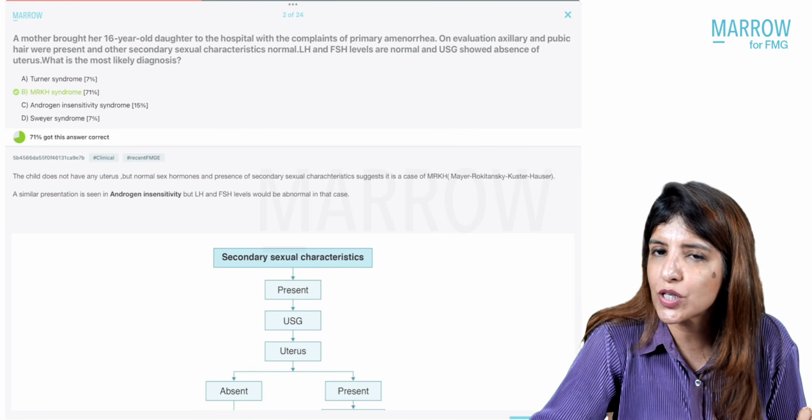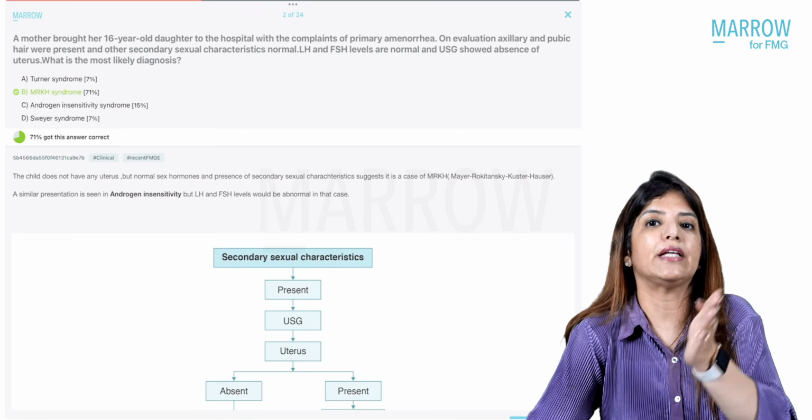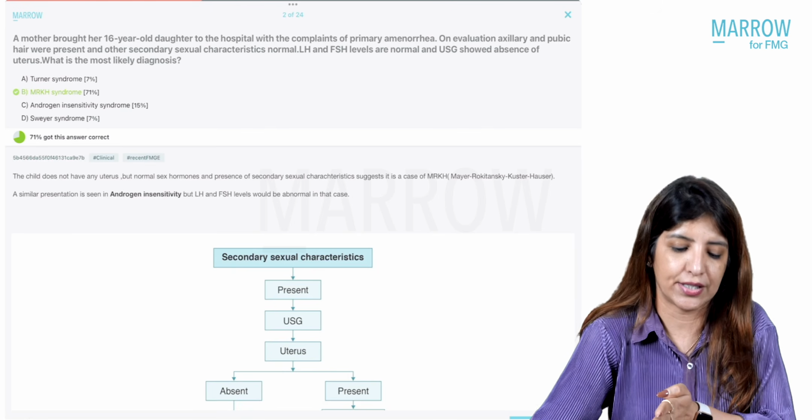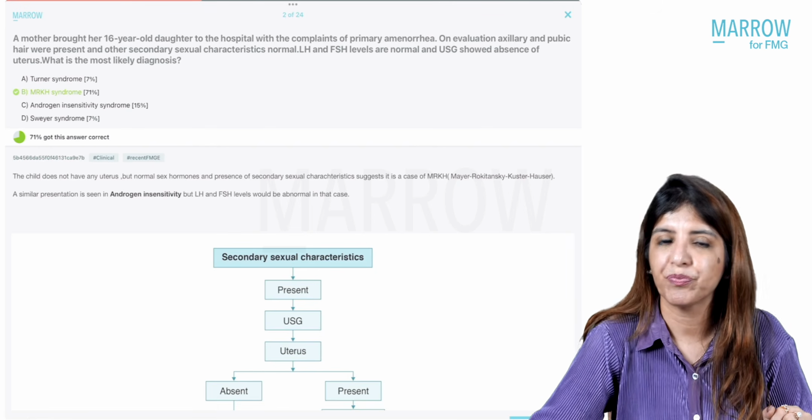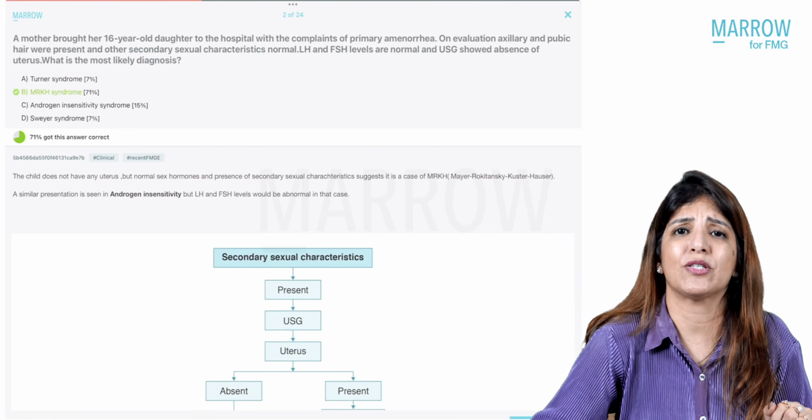Now, because the question is saying absence of uterus, I am making the diagnosis as Mullerian agenesis, that is MRKH syndrome. What happens in Turner's syndrome and Swyer's syndrome?